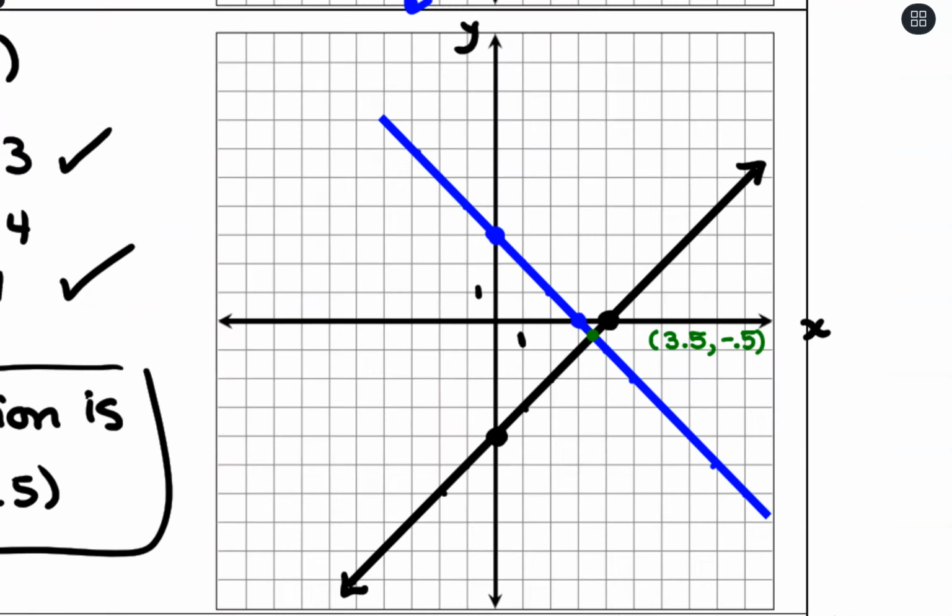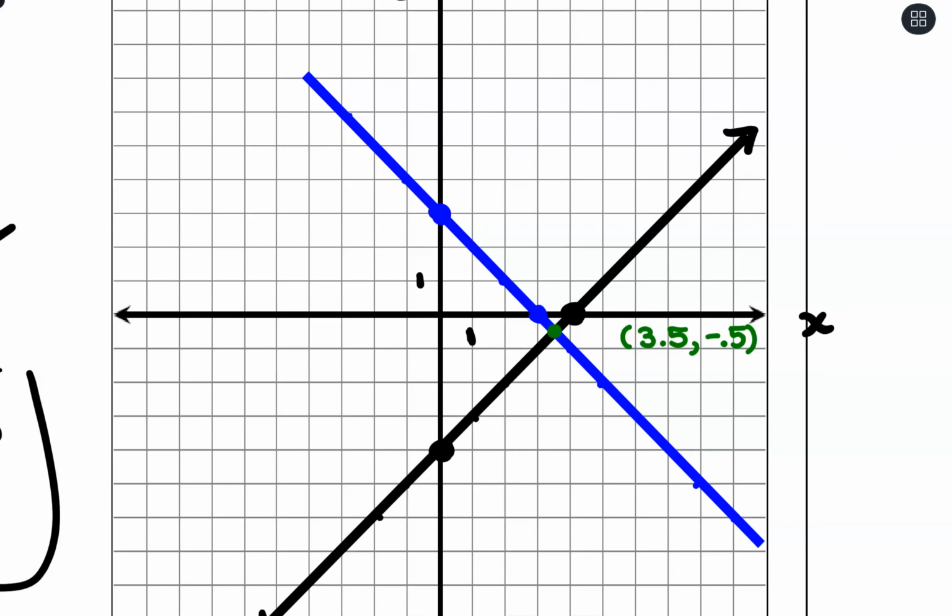So I like this example too because it does show not a flaw, but some issues that come up with graphing and why we have to be so accurate. But imagine if these were messy fractions, like thirds or sixths or anything like that. That would be very, very difficult to visualize here. So that's where in the next videos we're going to look at solving algebraically, because that'll get us to the exact solution.